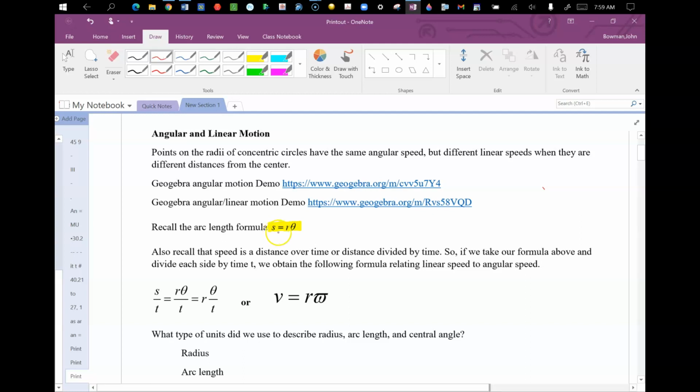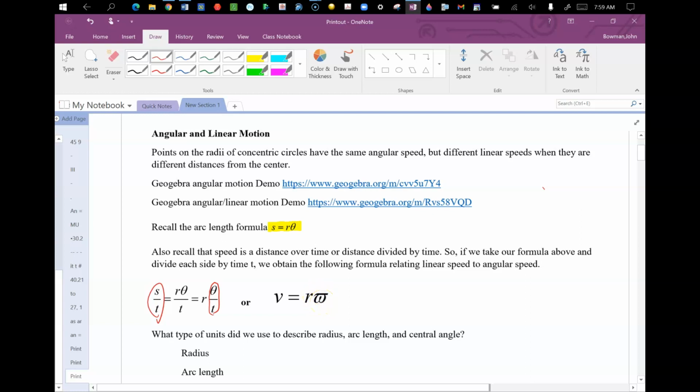So if you imagine the arc length formula, S equals r theta, and we divide both sides by t, we end up with S divided by t, where S is the length of the arc, which we just showed translates into a line when we rotate, becomes the linear velocity, which we call v, and r times theta over t, well, theta over t becomes the angular velocity, which we have this omega for.